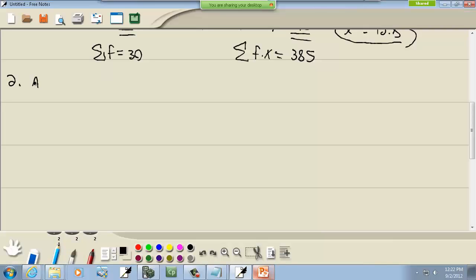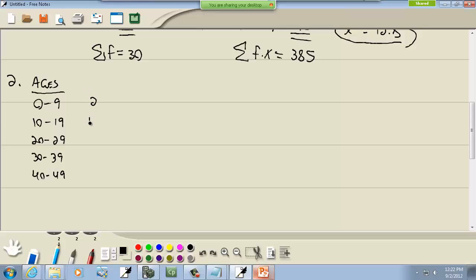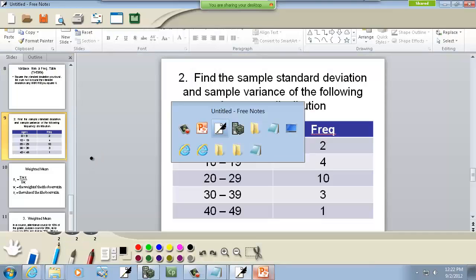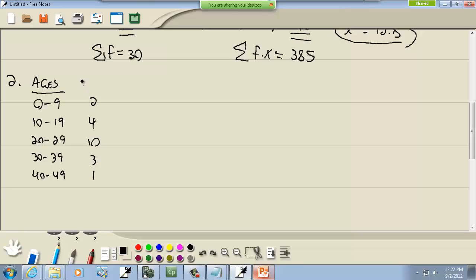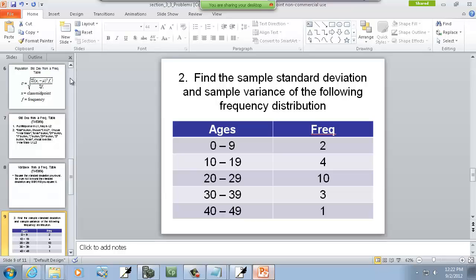So we've got our ages: 0 to 9, 10 to 19, 20 to 29, 30 to 39, 40 to 49, with frequencies 2, 4, 10, 3, and 1. And that's our frequency. Now find the sample standard deviation and sample variance.